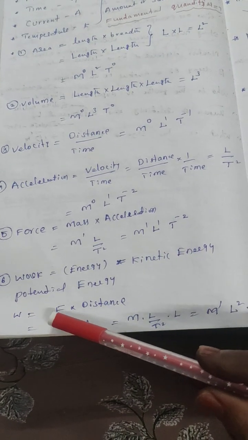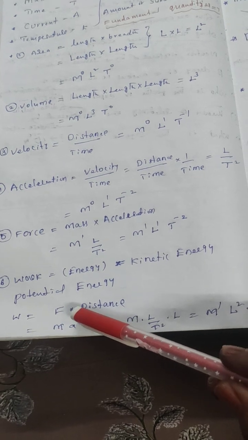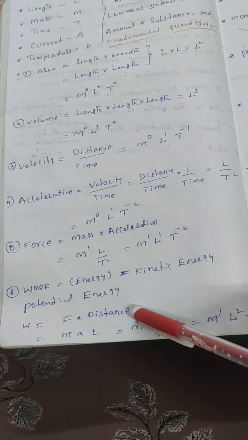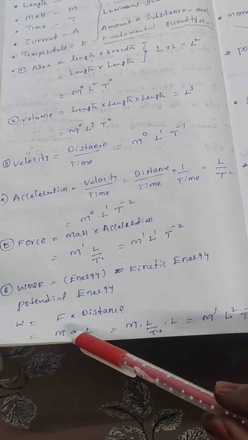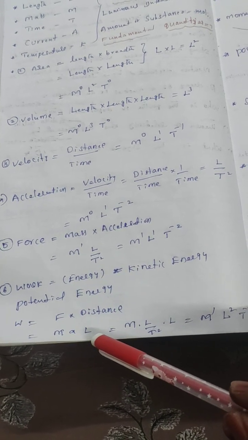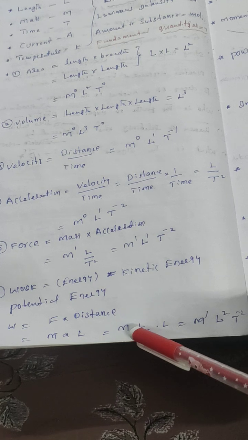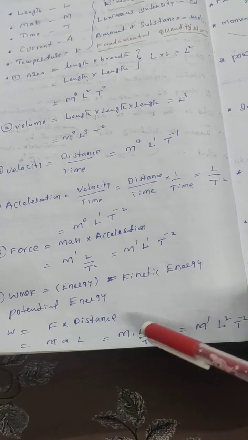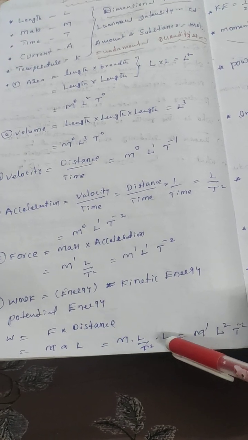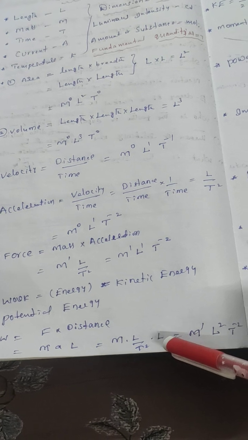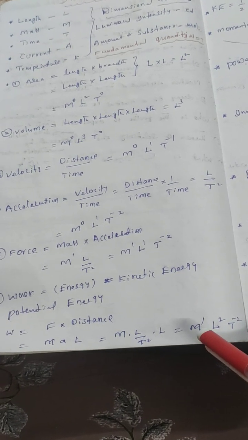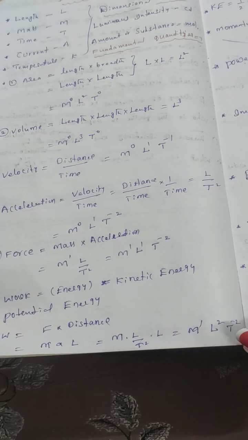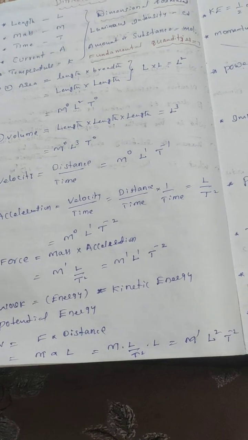First of all, work. Based on the formula, work is equal to force into distance. Force into distance, where F is equal to M into A. Distance is L. M is mass. Next, A is L by T square, into distance L. Now, work or energy dimensional formula is M power 1, L square, T power minus 2.